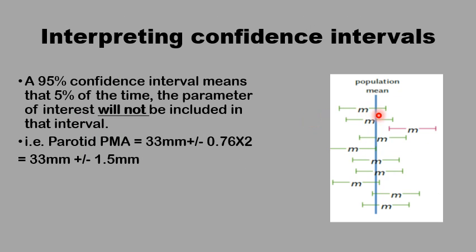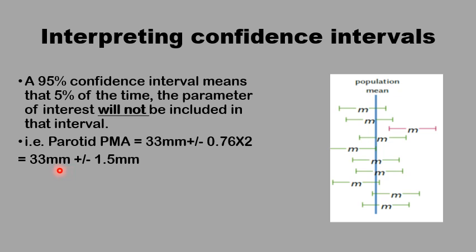We have results of a single study in a single center about pleomorphic adenoma tumor size. That study, out of several worldwide, had shown that the tumor size mean was 33 millimeters and the standard error was 0.76 millimeters. So 2 standard errors above and below the mean would give us the confidence intervals of the population mean.